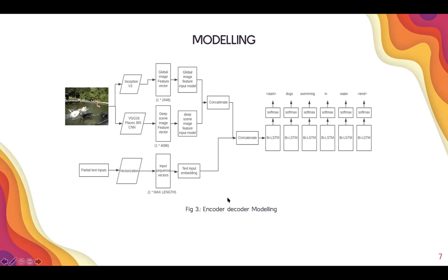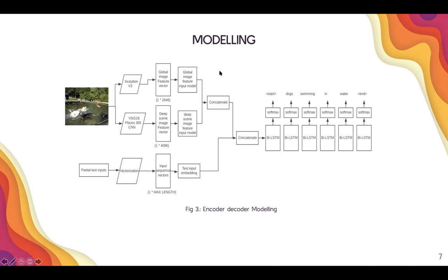So looking at the modeling approach, the diagram is shown on this slide. First of all, we have the encoder and the decoder side of the model. You can see that this is an image of dogs swimming in water. We use the Inception v3 model to extract the global image features, which results in a feature vector of 1 by 2048. Then we use the VGG16 Places365 CNN to extract the deep scene image features, which gives a feature vector of 1 by 4096.